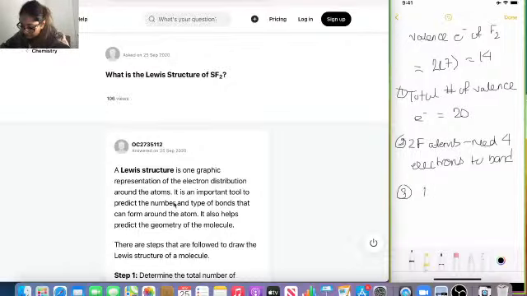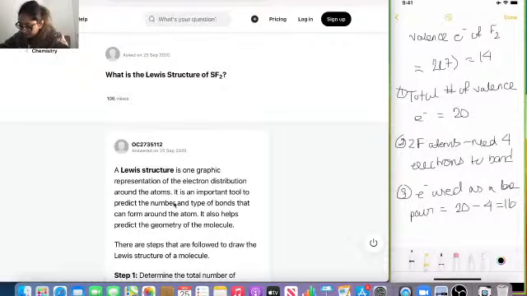To calculate the electrons used as lone pairs, we have 20 all together, and we need 4 to bond, so we do 20 minus 4 and we have 16.